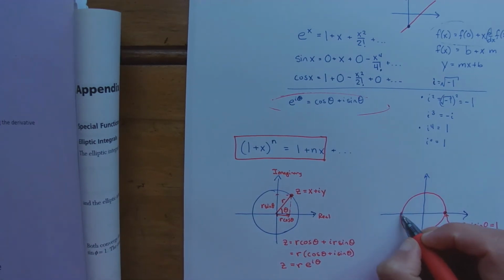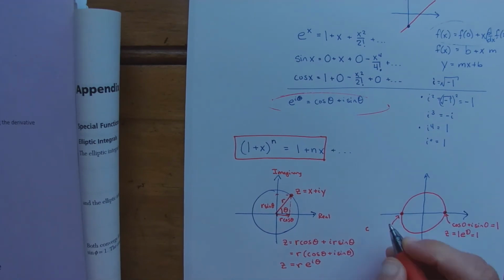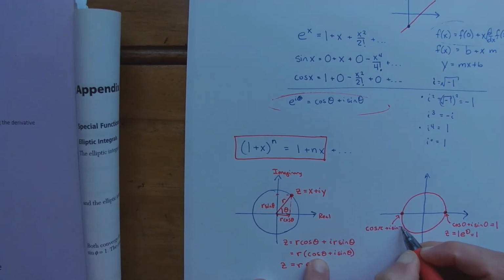Okay, now let's look at this point over here. Because I have real numbers on this axis here, I would say that this point should be equal to -1. And the angle here is equal to theta, pi. That's what I meant to say. So this would be cosine of pi, coming from this equation here. r is equal to 1. So this is cosine pi plus i sine pi.